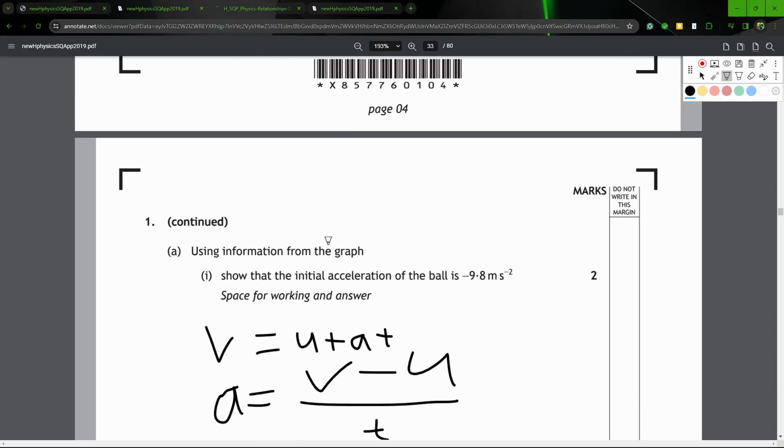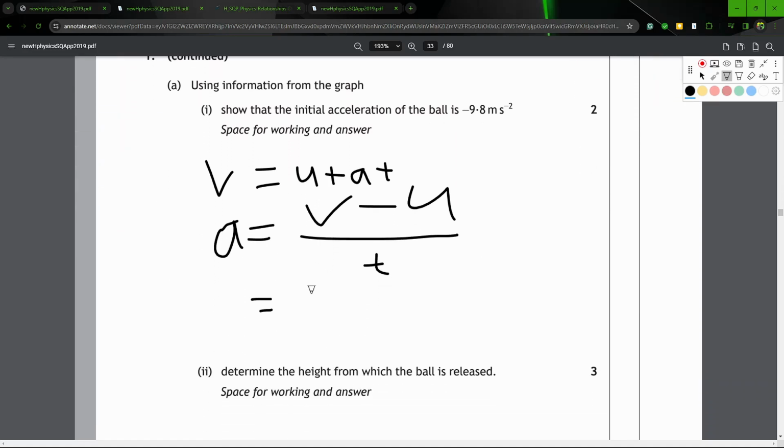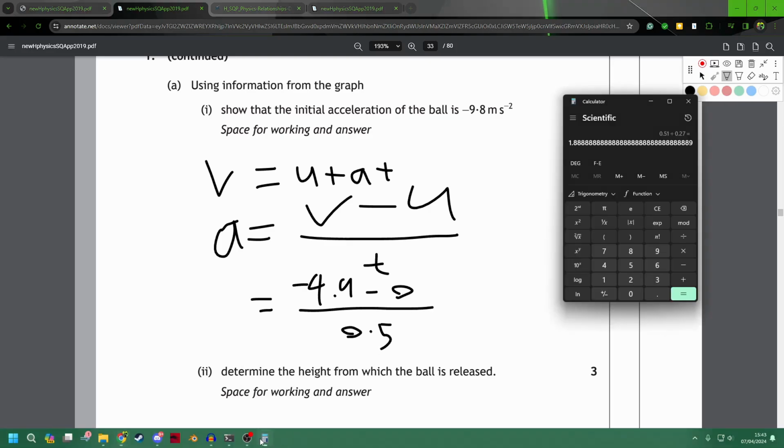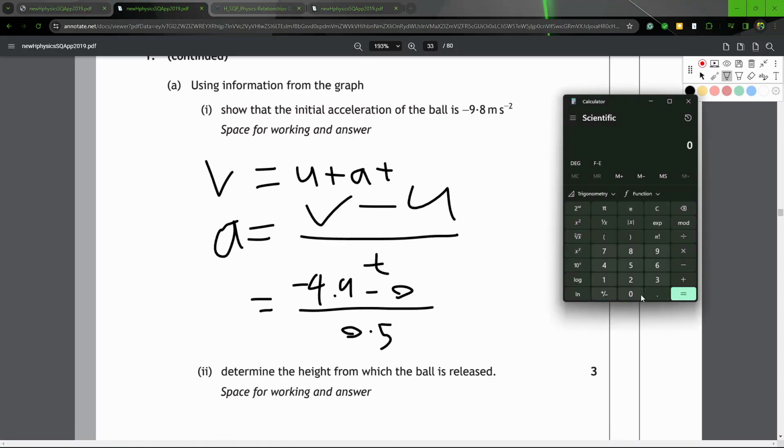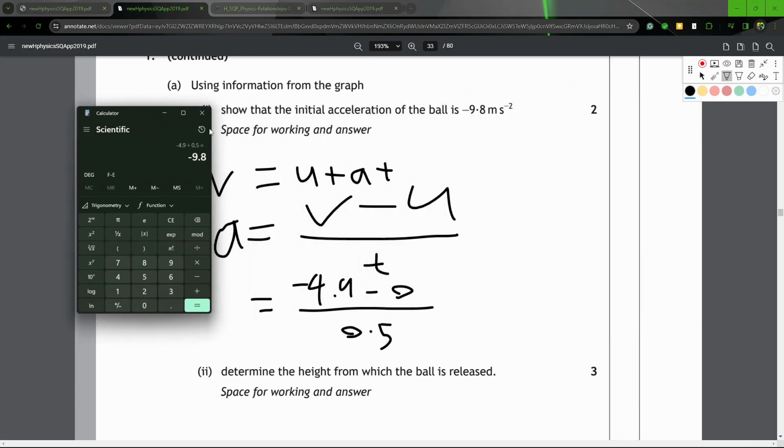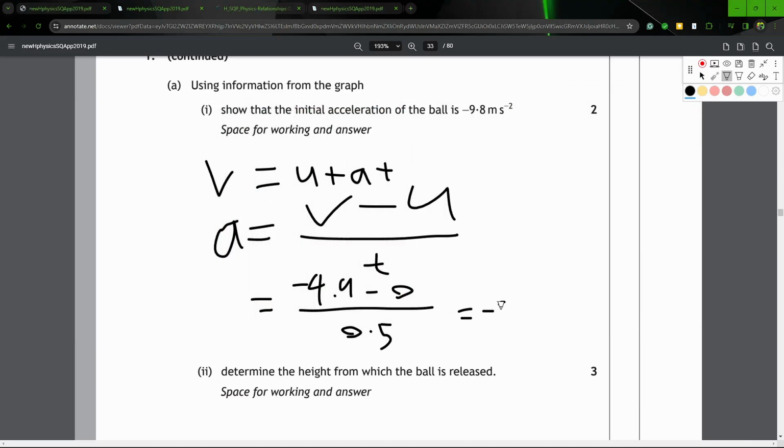If we plug in our numbers here, it's essentially minus 4.9, take away 0 over 0.5. You should be able to work this out on your own, but just in case, when you divide by 0.5, it's the same as times it by 2, so you get negative 9.8 meters per second squared, which is exactly what we wanted.